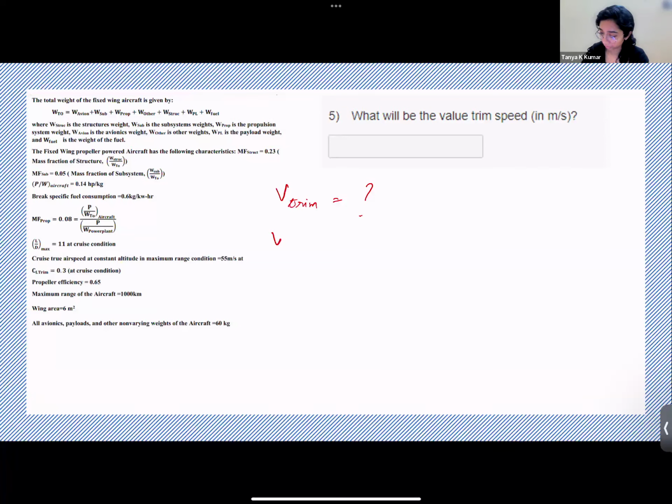So what was the equation for any regular velocity? Under root 2W by S by rho CL, correct? For trim, you'll just have to replace with trim values.